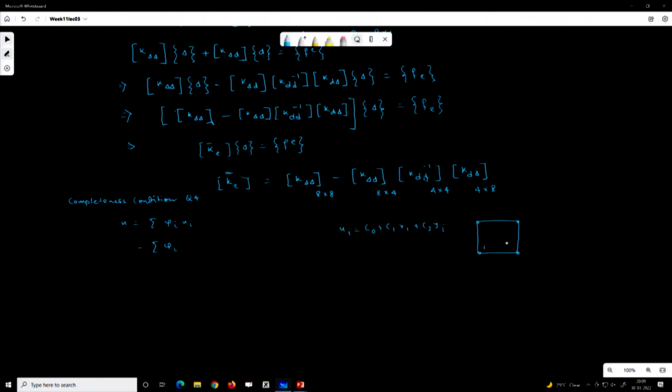If I apply this to all boundary nodes 1, 2, 3, 4, then what will happen if I substitute it? C0, C1, C2 are constants.